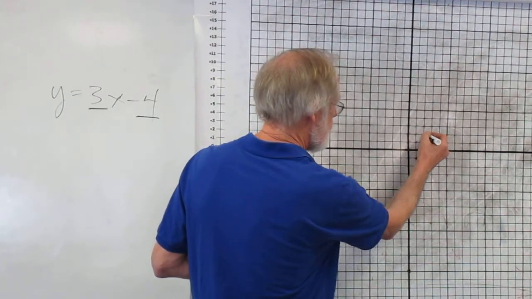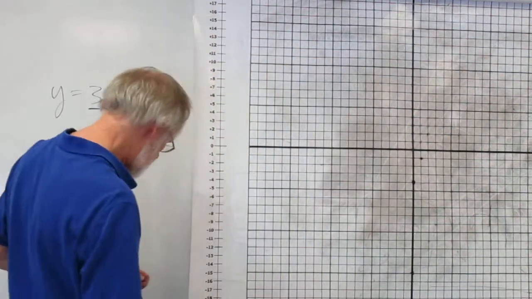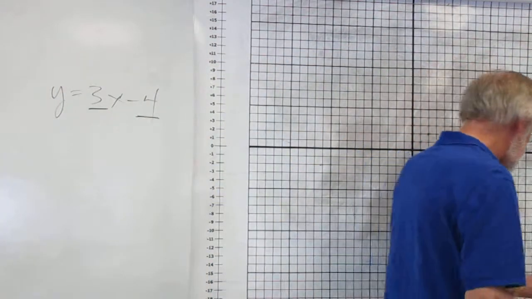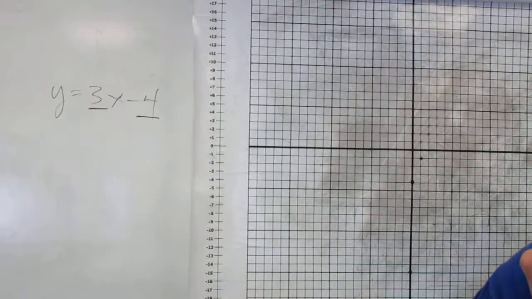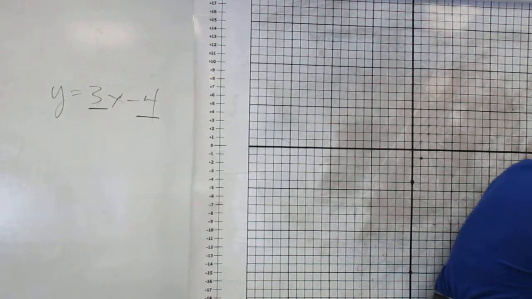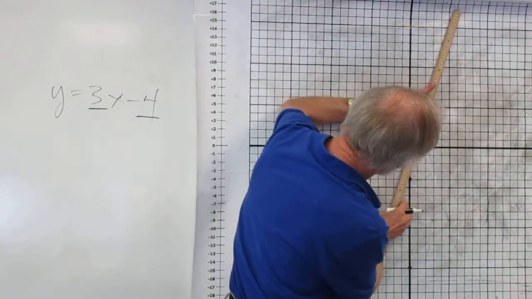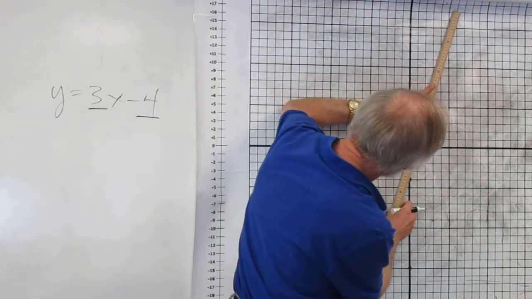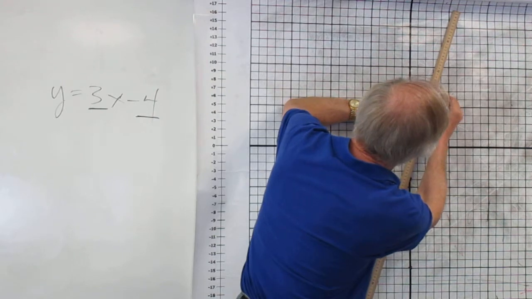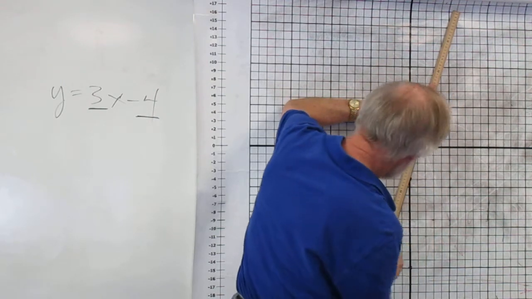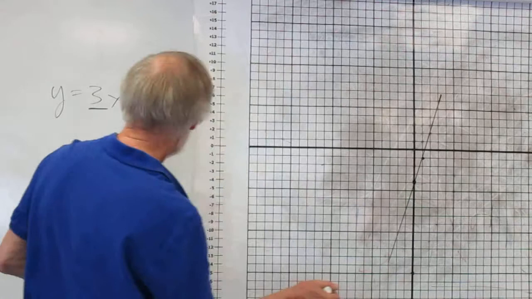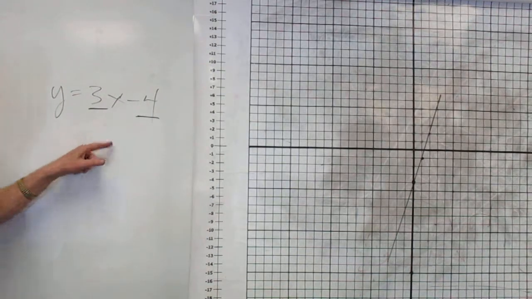We only need to do that once, really. And then if I can find a meter stick, I will draw a straight line, or attempt to draw a straight line that connects those, and that would be the graphing of the linear equation y equals 3x minus 4.